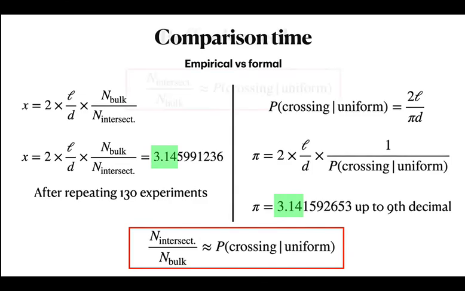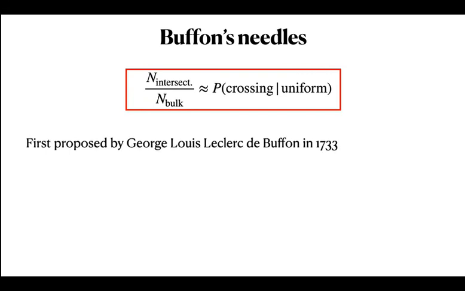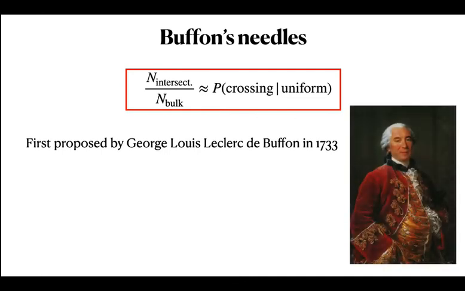Now this particular experiment was proposed by Georges-Louis Leclerc de Buffon in 1733, and this is this gentleman. Well, he was much younger when he proposed it. He was, I think, in his 20s.